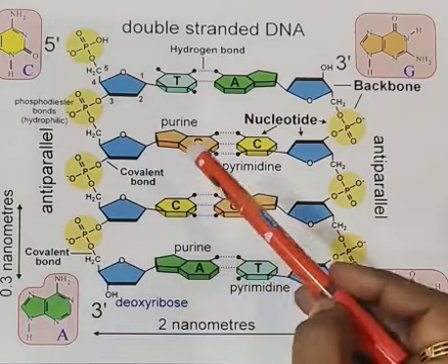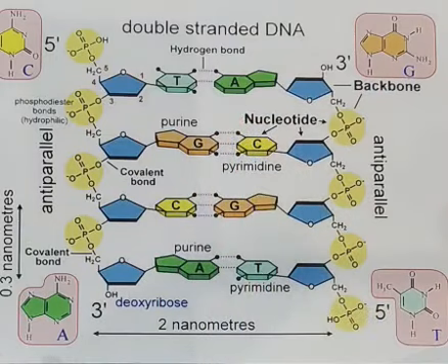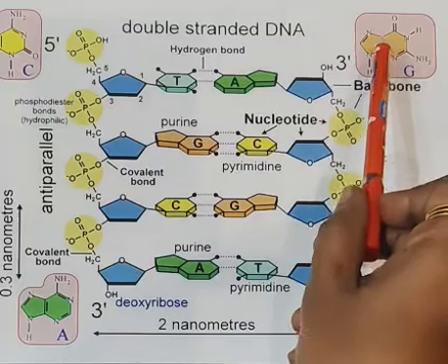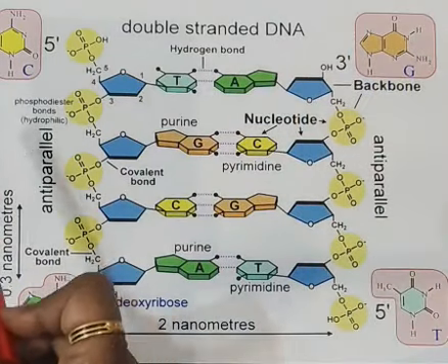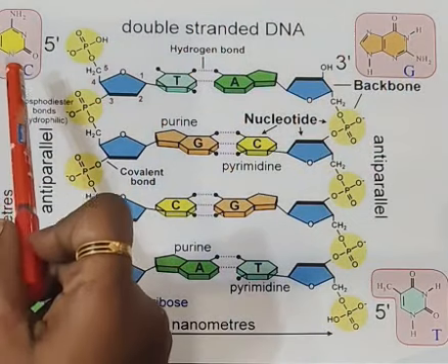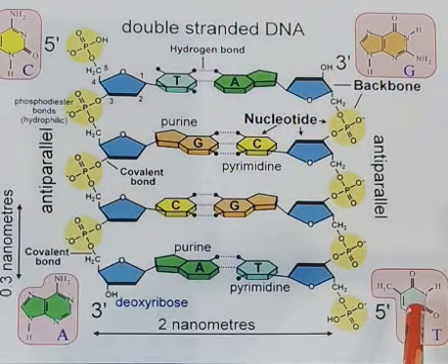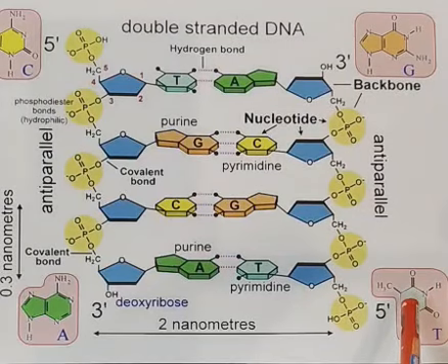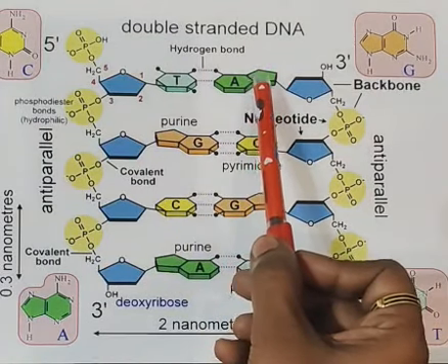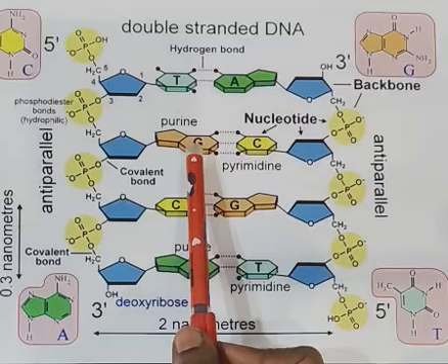If you just look at the structures of purines, there are two rings which are fused. Here, the structure of adenine and the structure of guanine, they have two rings fused. And if you see the structures of pyrimidine, the cytosine and thymine, they have only a single ring in them. So imagine if purine is going to pair with the other purine.